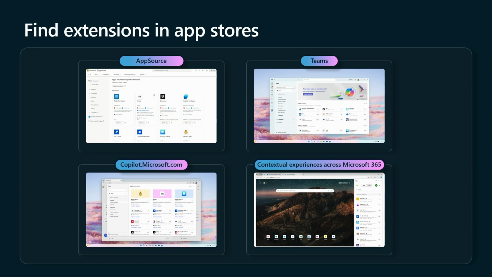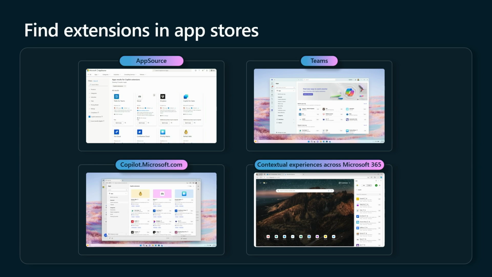And coming soon, that same store experience will also become available in contextual experiences across Microsoft 365 products, so that users, our shared users, can continue using the Microsoft products that they're familiar with and find your extensions available to them at the same time.